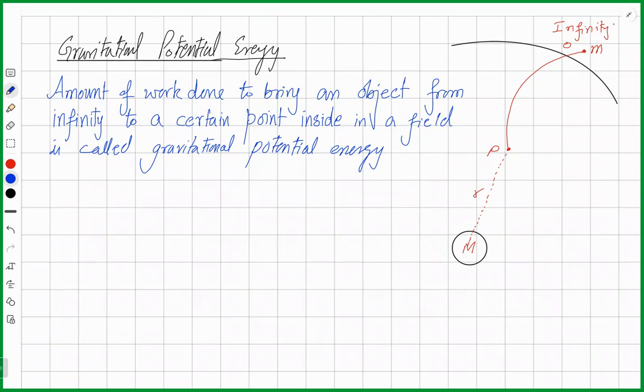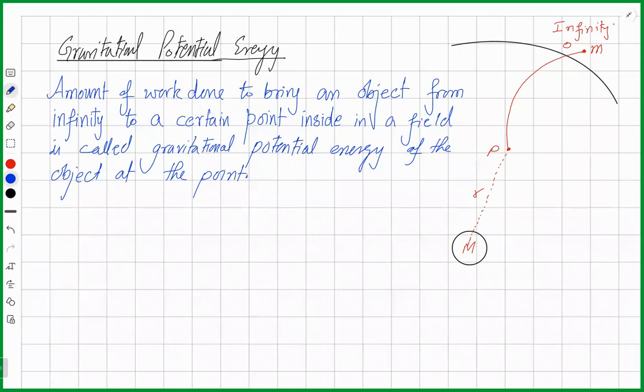So similarly, the amount of work done to bring an object from infinity to a certain point inside a gravitational field is called the gravitational potential energy of the object at the point. This is very important because we have mentioned a point before in the statement, and we are referring to the same point later, so we use the point.